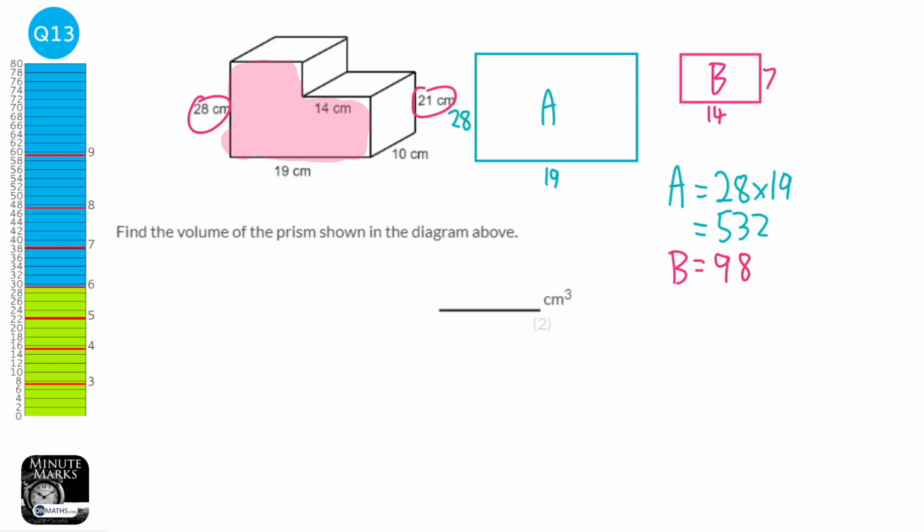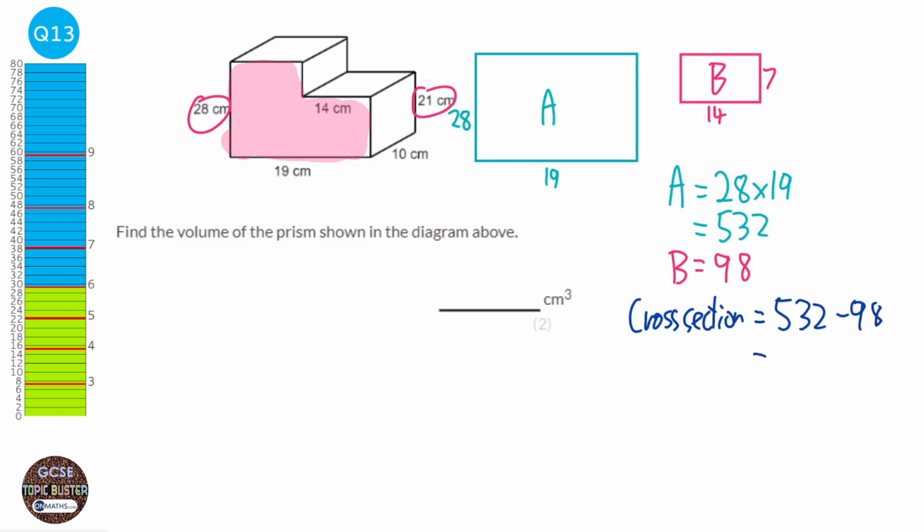And then to work out the area of the cross-section, we're going to do the big rectangle, take away the small one, take away the bit we have missing, and that will leave 434. Now the volume of any prism is area of cross-section times the length.